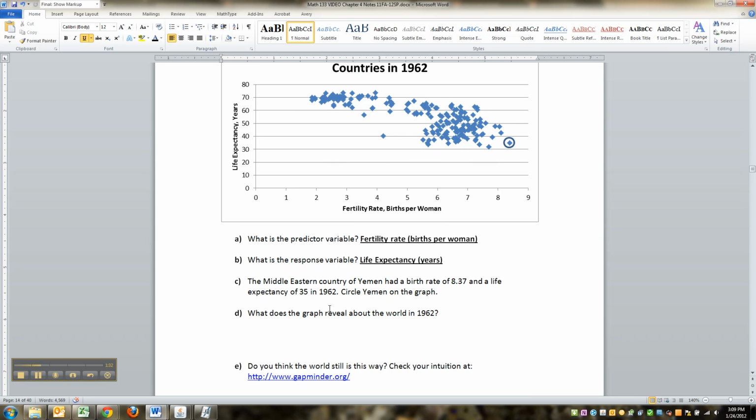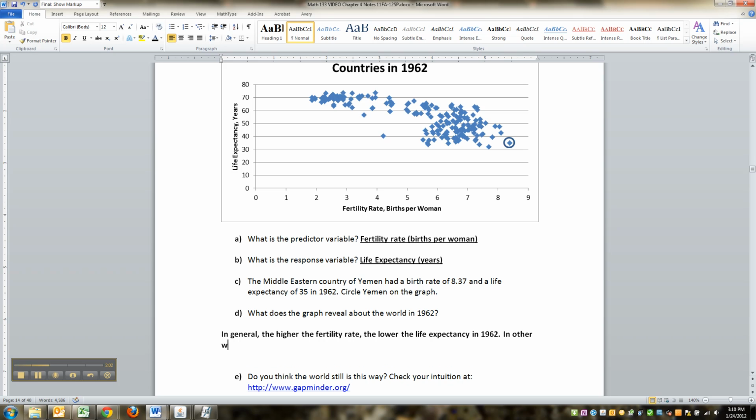What does this graph reveal about the world in 1962? A couple things. First of all, in general, the more births per woman, the higher the fertility rate, the lower the life expectancy in 1962.